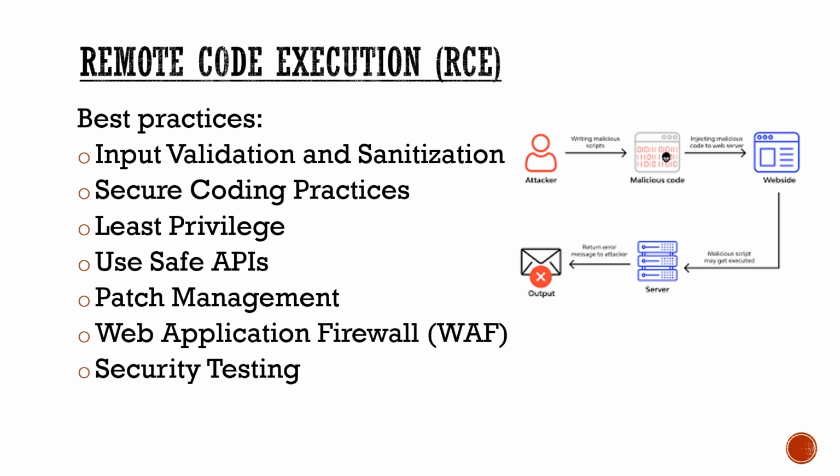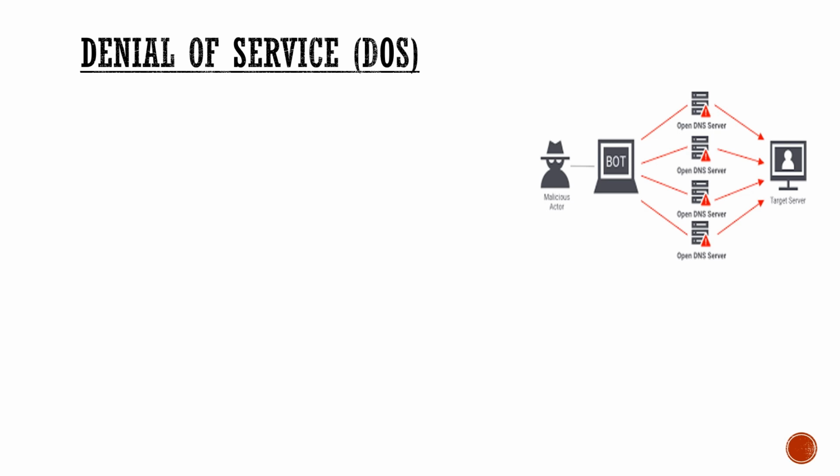Regularly perform security assessments, including penetration testing and code reviews, to identify and address RCE vulnerabilities in the application. By adopting these security measures, organizations can significantly reduce the risk of remote code execution vulnerabilities and enhance the overall security of their systems. This is a more familiar kind of attack, the denial of service or DoS.